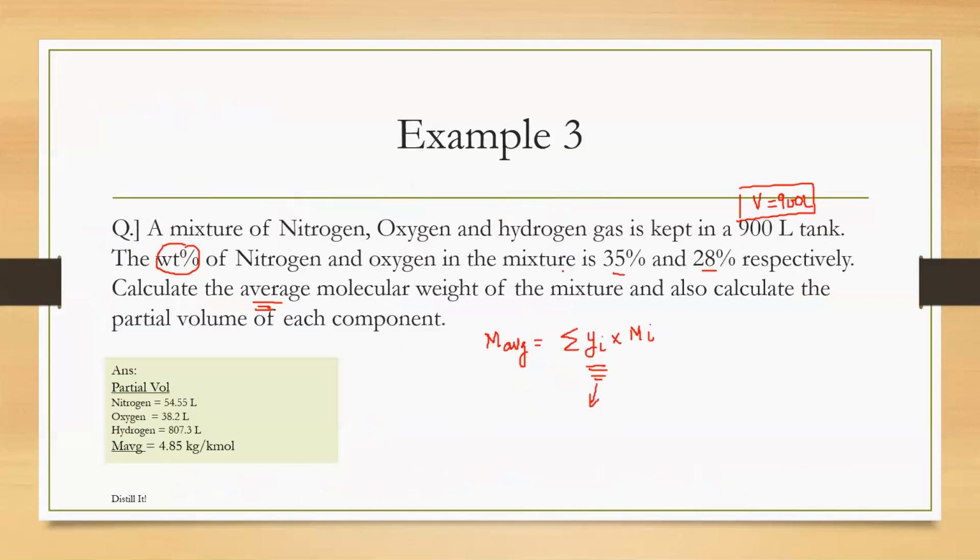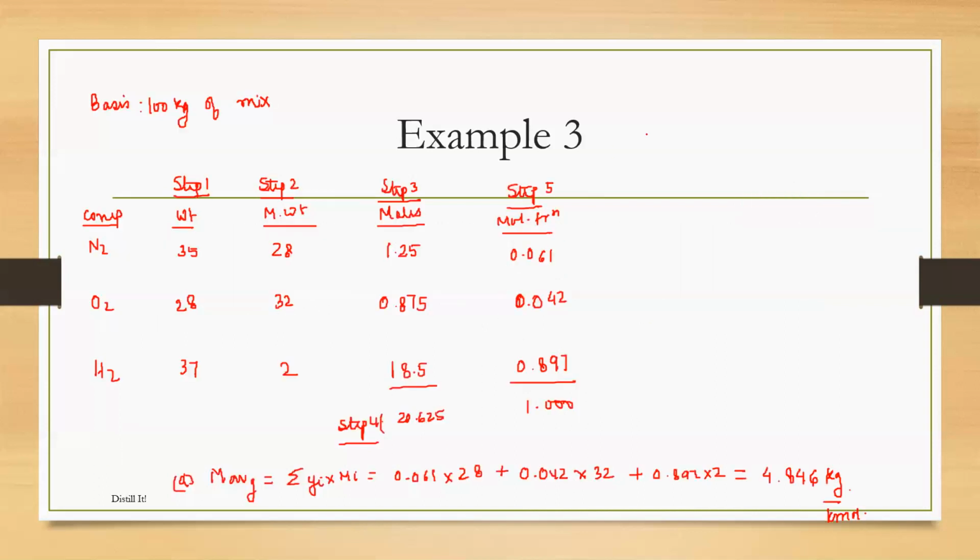Next, they are asking to calculate the partial volume of each component. Now we know that for a gaseous mixture, mole percent is equal to partial pressure percent is equal to volume percent. Hence, mole fraction is equal to volume fraction.